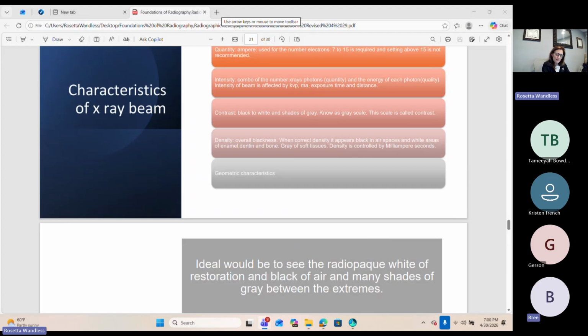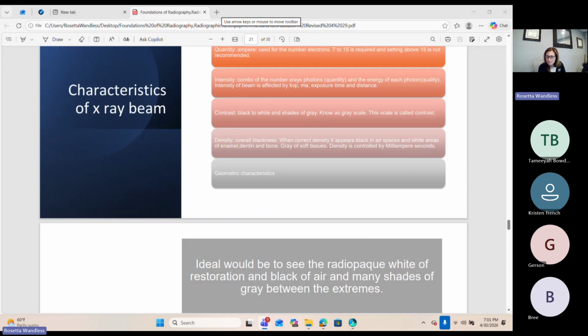So geometric characteristics are going to be sharpness. That's going to be defined as like high definition. If a patient moves, it is called penumbra. I'm going to put this defined here: penumbra equals blurry, which equals patient moving.